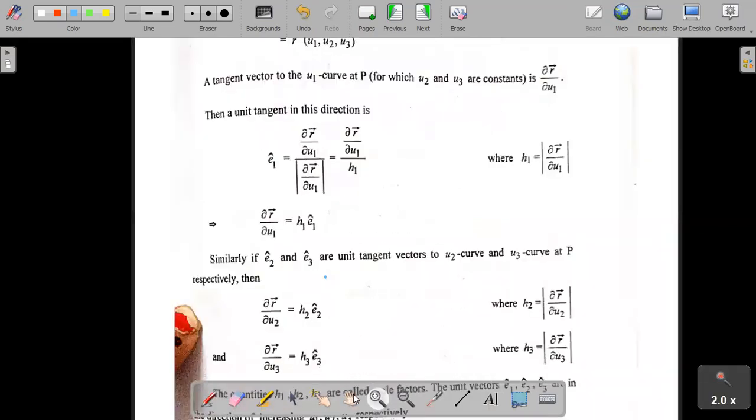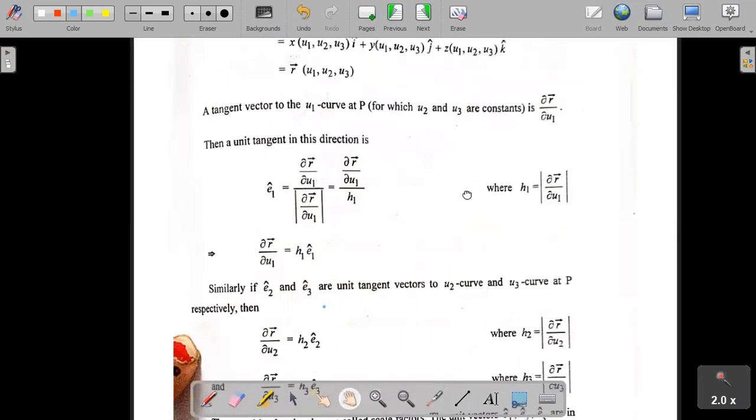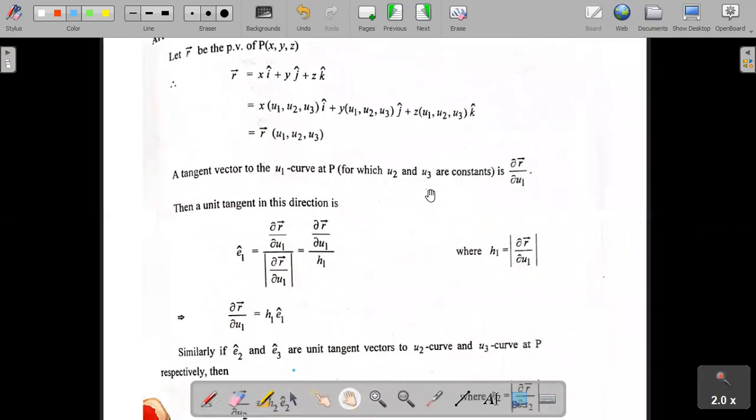अब जब भी हम डायरेक्शन की बात करते हैं तो हम यूनिट की बात करते हैं. Similarly we talk about unit tangent vector, right? तो अगर मुझे इसी वेक्टर को यूनिट वेक्टर बनाना है तो हम क्या करेंगे? किसी वेक्टर को जब हमें यूनिट वेक्टर बनाना होता है तो हम क्या करते हैं बेटा, वेक्टर को मैग्नीट्यूड से डिवाइड कर देते हैं. del r by del u1, अगर मैं उसको इसके मैग्नीट्यूड से डिवाइड कर दूं, so this is nothing but the unit tangent vector in the direction of u1.